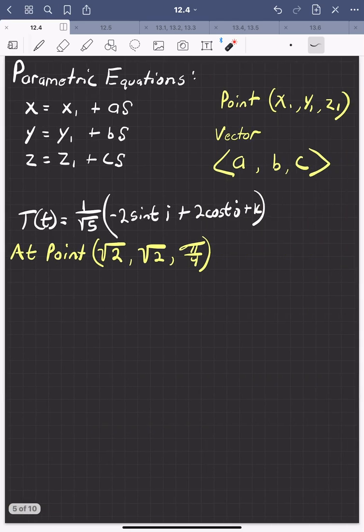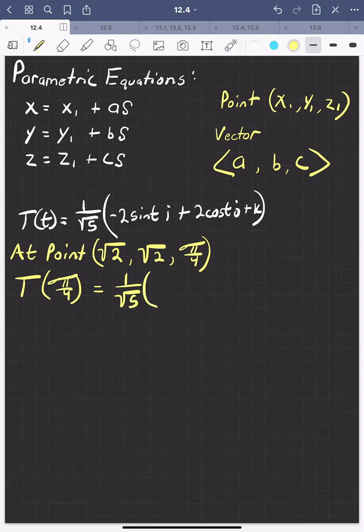All right. So where does that leave us? Well, our job now is to take t at pi over 4, and plug it in for t. Ready? Let's go ahead and do that. We're going to evaluate T of pi over 4. So if you plug in pi over 4, you still have 1 over the square root of 5.